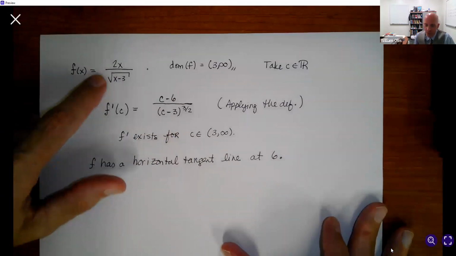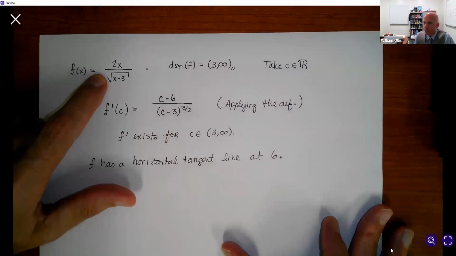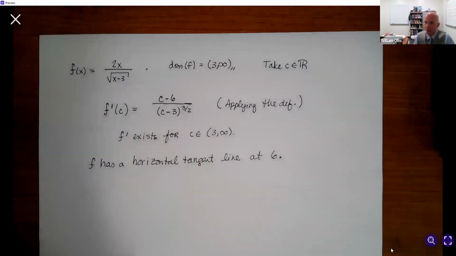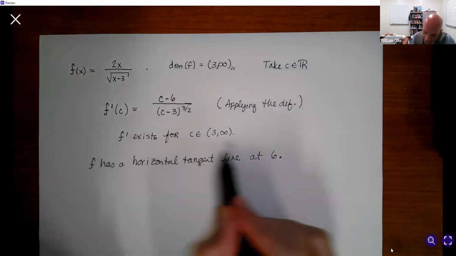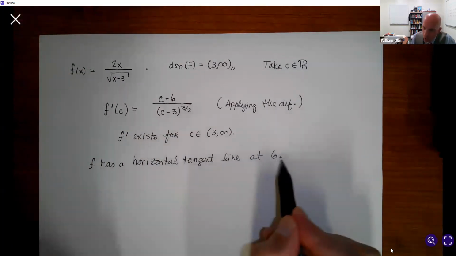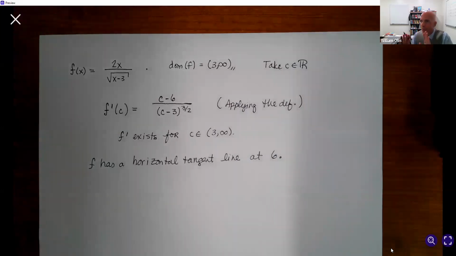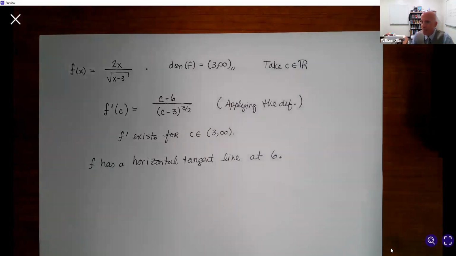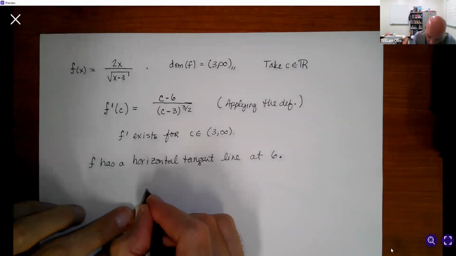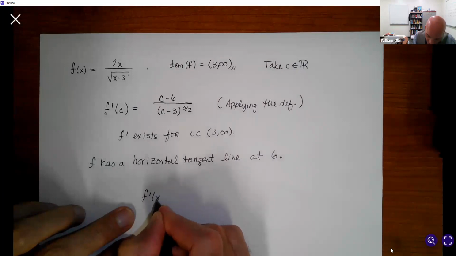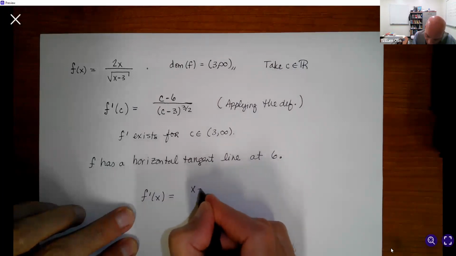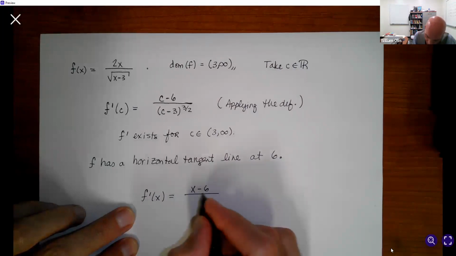And this will be very helpful when we actually sketch the graph of this function, which you're already starting to see in your mind. You've got this horizontal tangent, you've got the function blowing up as x approaches 3 from the right. So again, notice here that we get so much information from the derivative, and we haven't even covered all the ideas that we can get. And we're going to have many more of these. So if we wanted to look at the derivative as a function of x, we could simply replace the c's with x and do this.